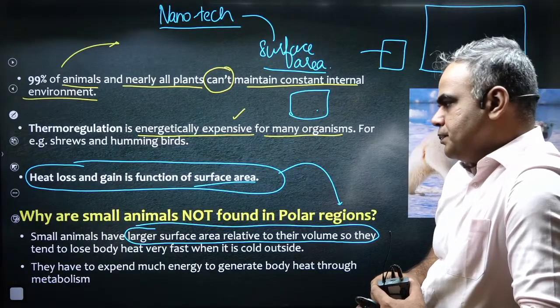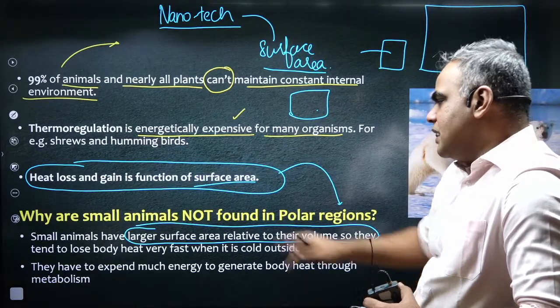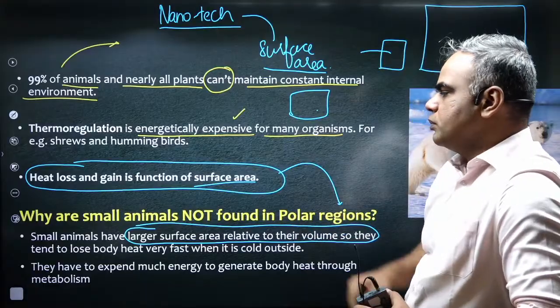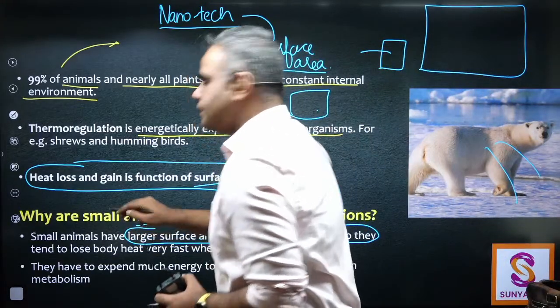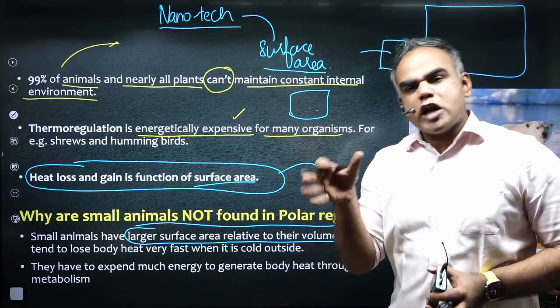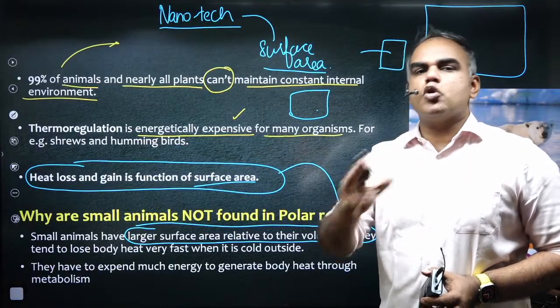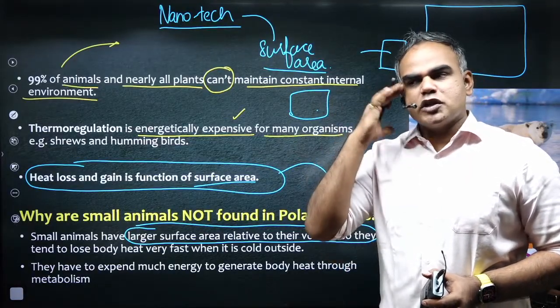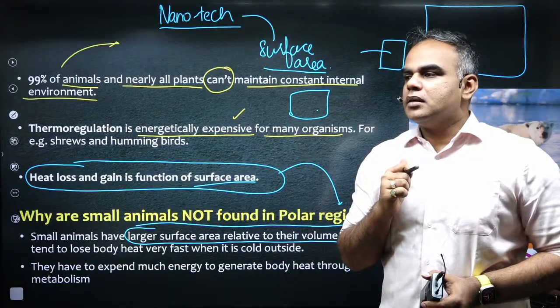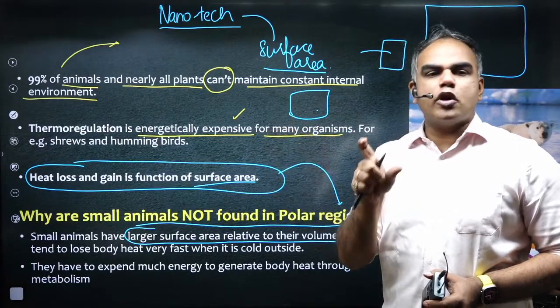Small animals basically have a larger surface area relative to their volume. Underline larger. And because it is larger in their context, they lose more heat. It is not that small animals just have a small surface area; based on their body and volume, they lose more heat.